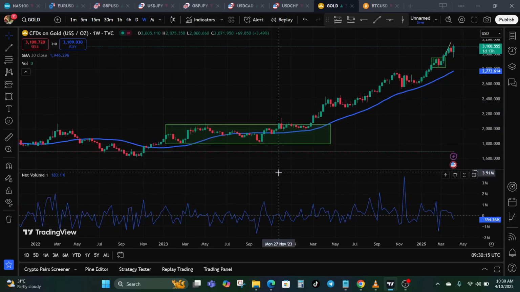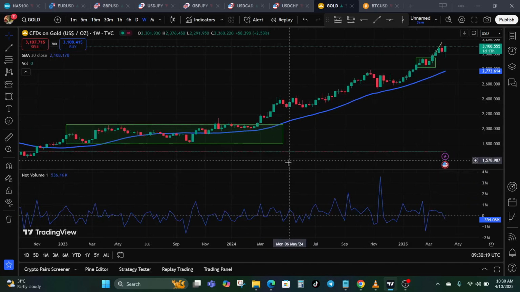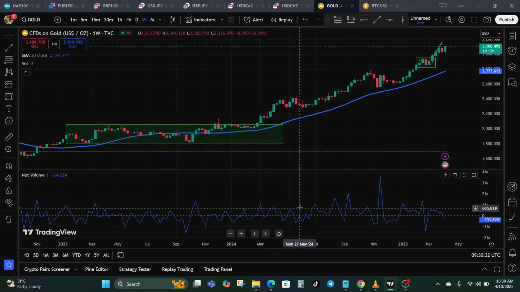Volume is going to start increasing. At some point you're going to notice that volume will start increasing.